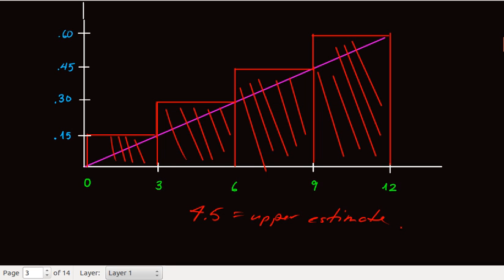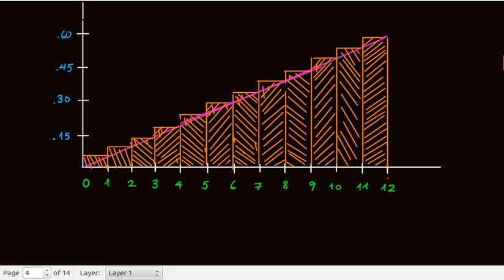Okay, but what if we took smaller intervals? Intervals length 1, we get something like this. And now here, this is going to be the other upper estimate, which is a better estimate, which is 3.9. This is the upper estimate when you use smaller intervals. It's closer to the truth. Okay? And what is the actual definite integral?